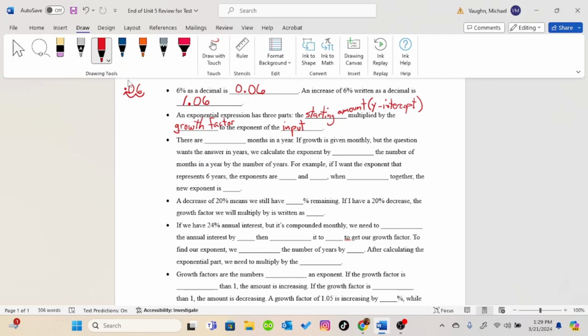So whether you are having to write or whether you are having to match, you need to understand that it has these 3 parts. And when you're reading the description, those are the 3 parts you need to identify.